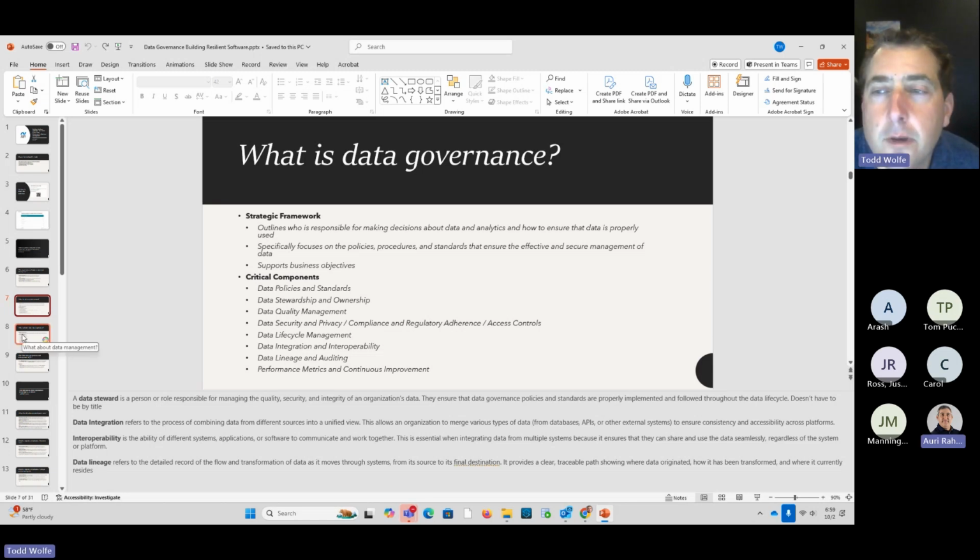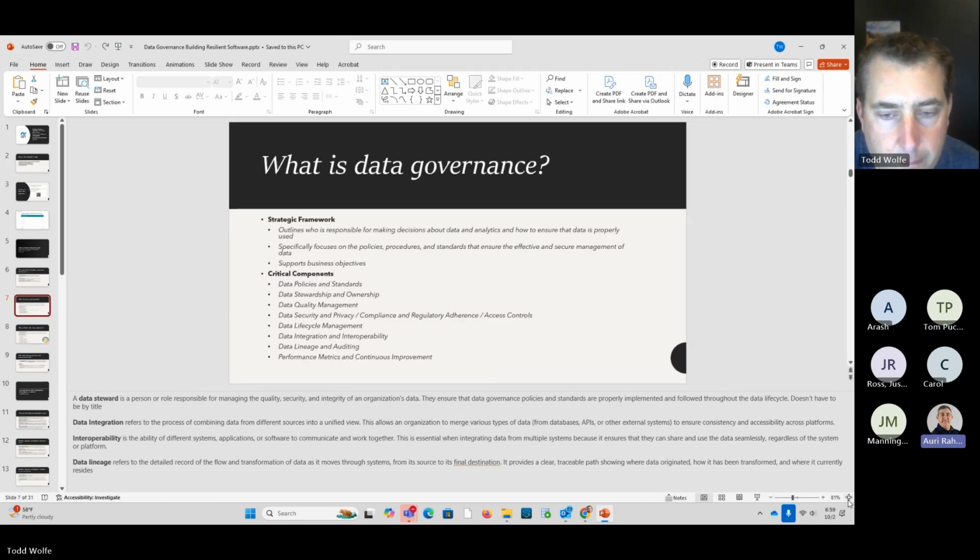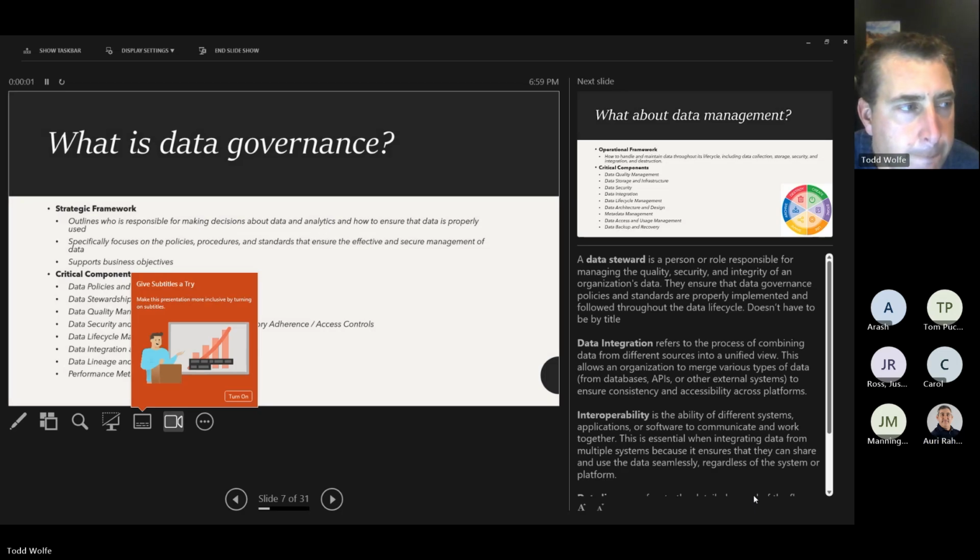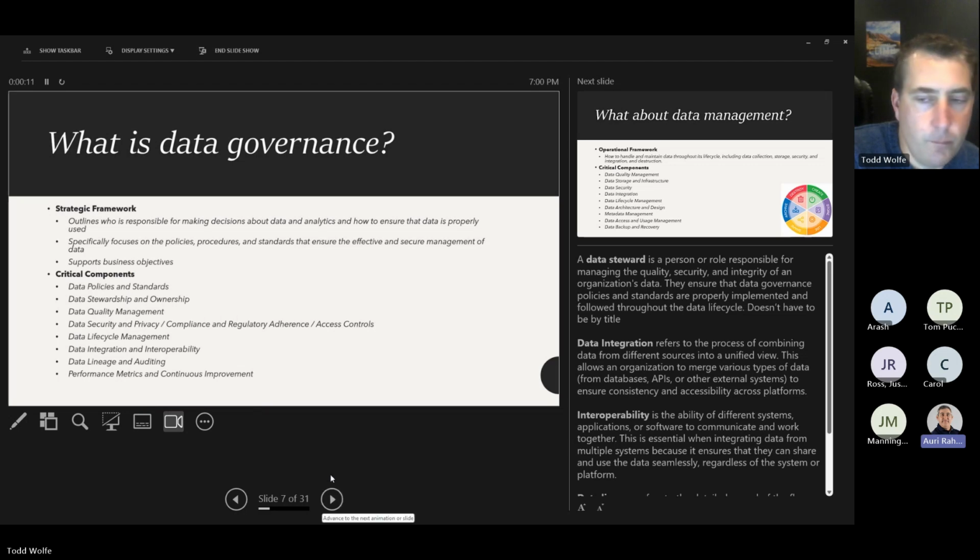Excuse me, Todd. Sure. Is it possible to make it full screen? It's kind of hard to read. We can try. Or hit presentation mode. On the bottom right, it's got a little picture of a movie screen. Nope, to the left of the Zoom meter. Does that make it better? You just gotta turn off that thing that says turn on subtitles. Can I make it full screen? Display settings.